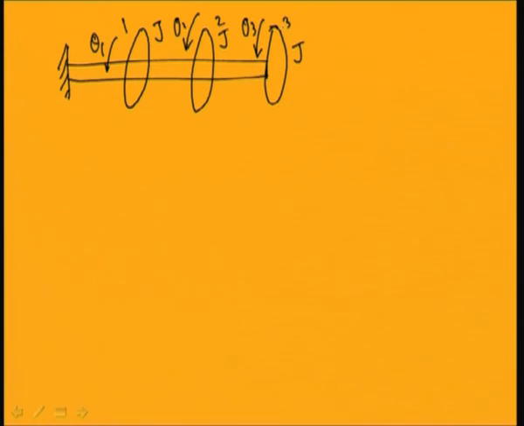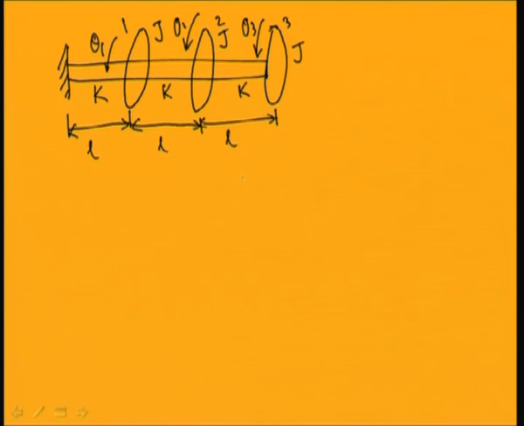The shaft, let us assume, has equal stiffness in these 3 ranges, this is k, the shaft stiffness, and the rotors are mounted at equal distance. So, this is L, this is also L, and this is also L. In this case we want to find the natural frequency of the system.